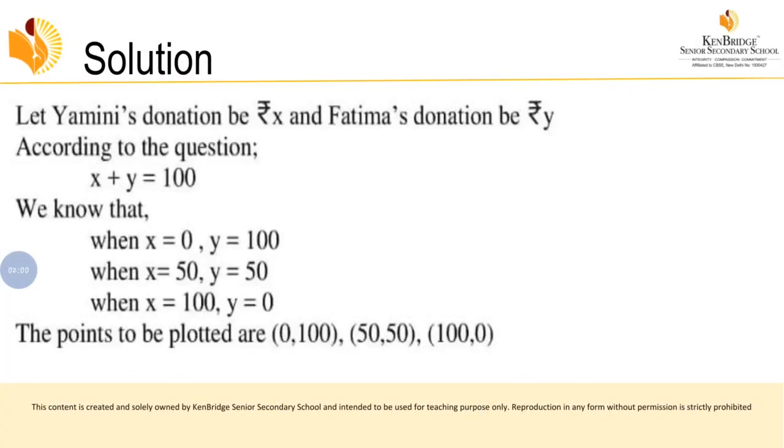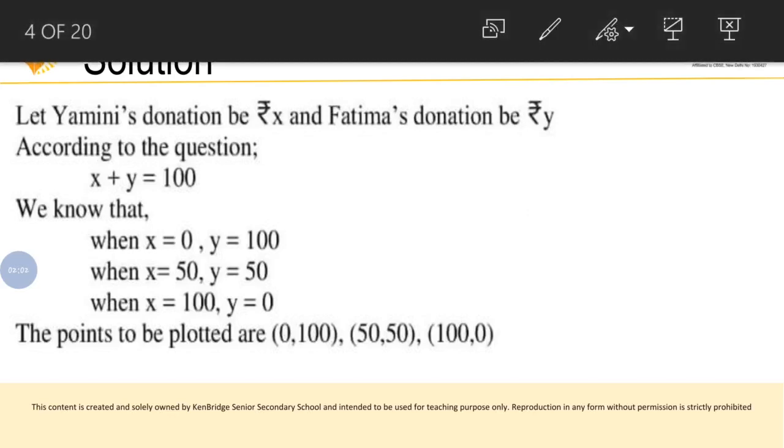In the question itself they have given a hint that we have to take the two students' contributions as rupees X and rupees Y. So let's take Yamini's donation to be rupees X and Fatima's donation to be rupees Y. According to the question, together they contributed rupees 100, and the word together means addition.